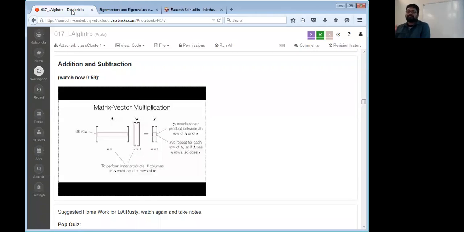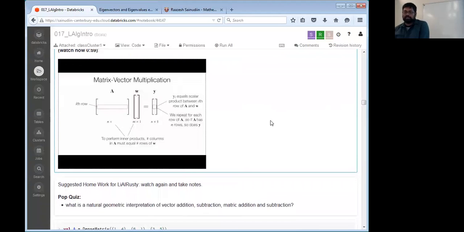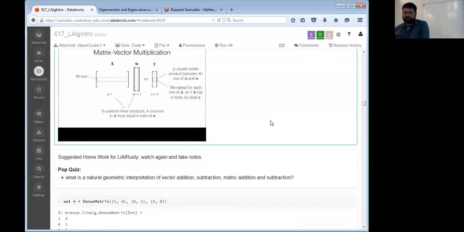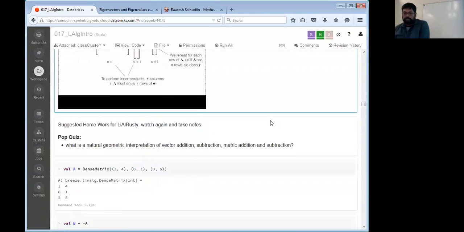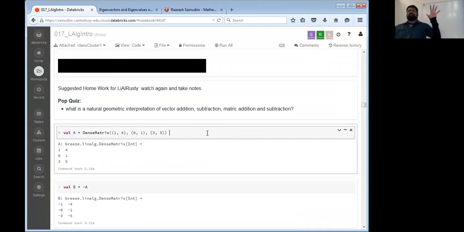Beyond 3 dimensions, I don't know what it means, hyperparallelepiped. So it has some very nice geometric meaning. Okay, that's the pop quiz. So when you take two matrices of the same dimension and add them, you're basically finding the diagonal of the parallelogram in this matched way.